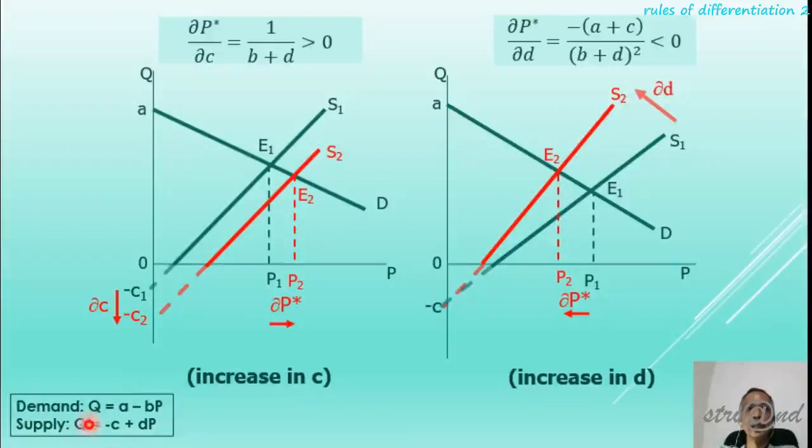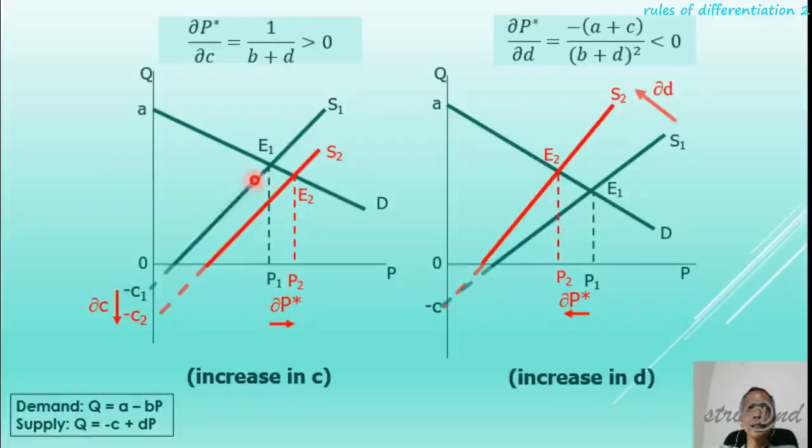If the quantity is put on the horizontal axis, the C here will become the horizontal intercept. But because this time the illustration is putting Q on the vertical, the C here is the vertical intercept. So the minus C is here.